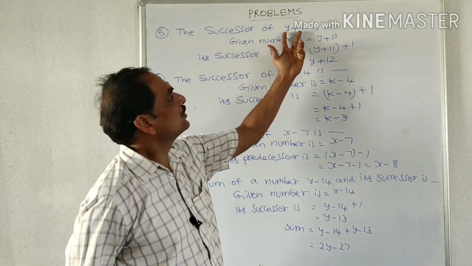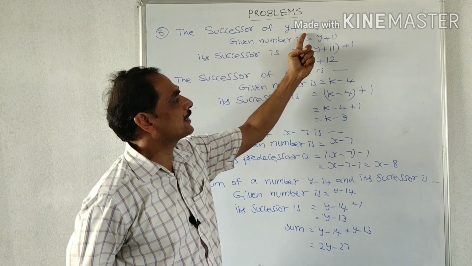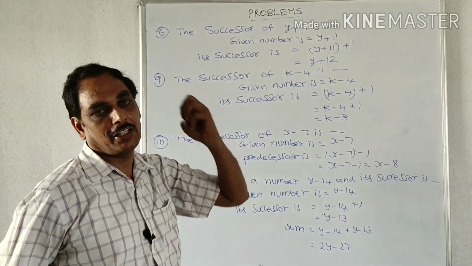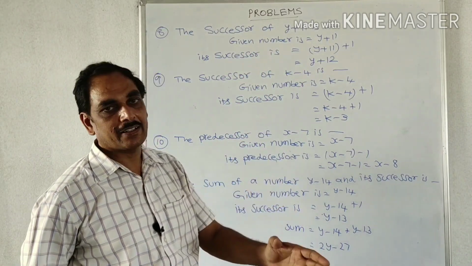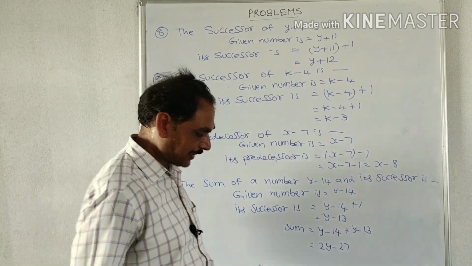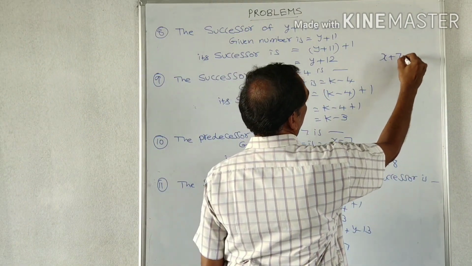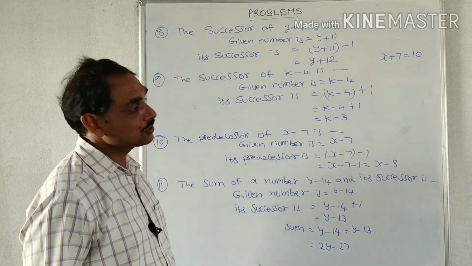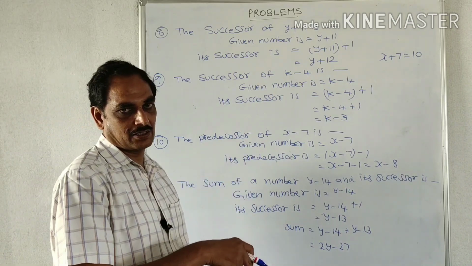So here we have two terms. The first term is y and the second term is 11. For the first term y, we can take any value in the place of y, whether it is right or wrong. Suppose we write an equation x plus 7 equal to 10. This is an equation, and in this we can take any value in the place of x.